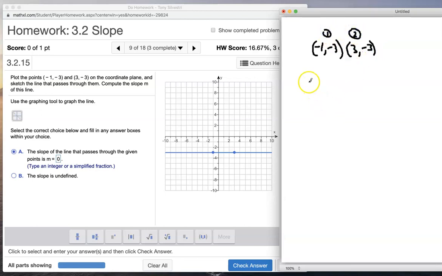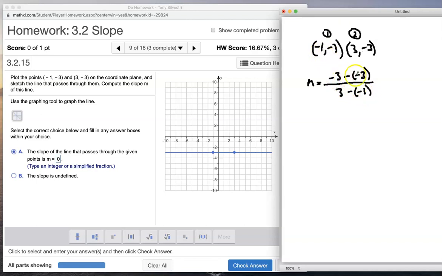And the slope of that is equal to y2 minus y1. So take the y value of point 2 minus the y value of point 1. Okay, minus a negative number. Bear that in mind. This is x2, 3 minus a negative 1. Okay, 3 minus the x value of point 1.